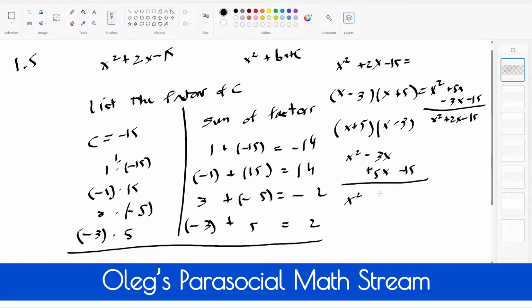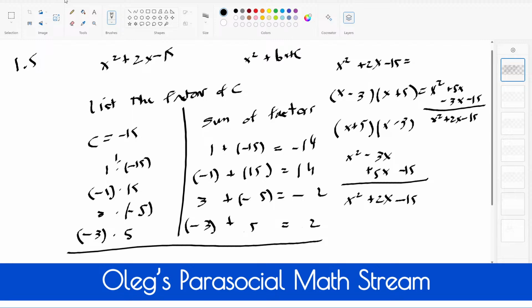That's also x squared plus 2x minus 15. Notice these two are the same. The order of the multiplication doesn't matter as long as what's contained in the parentheses remains consistent. You can write whichever order you want.